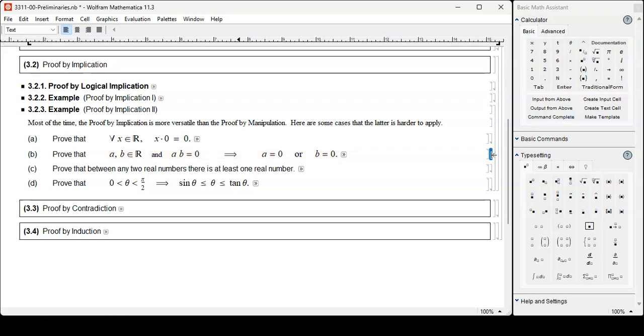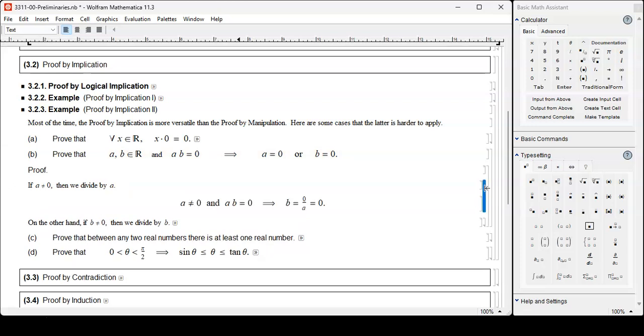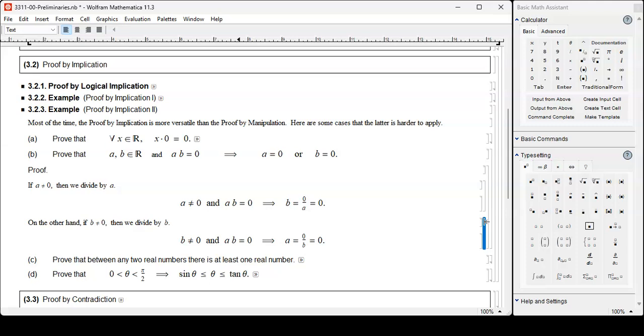So how do you prove that? If a is not 0, then we divide by a. So if I divide by a, then I'm going to get b equals to 0. If b is not 0, then I divide by b, so a is equal to 0. So divide by a, divide by b.